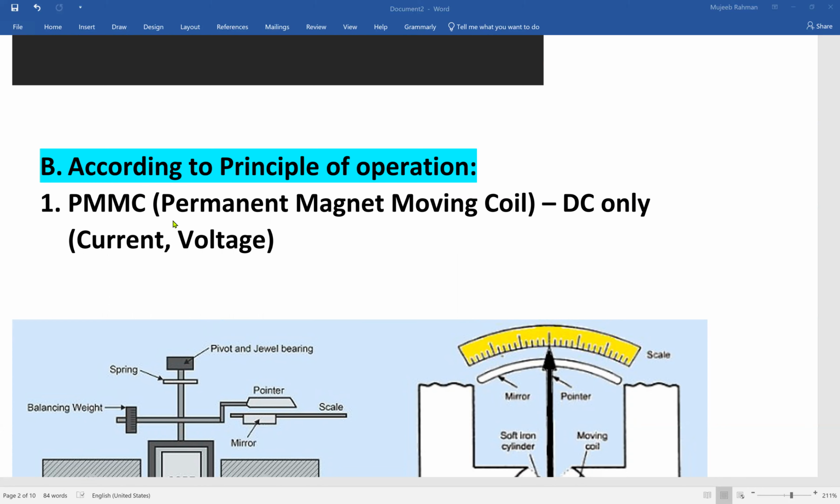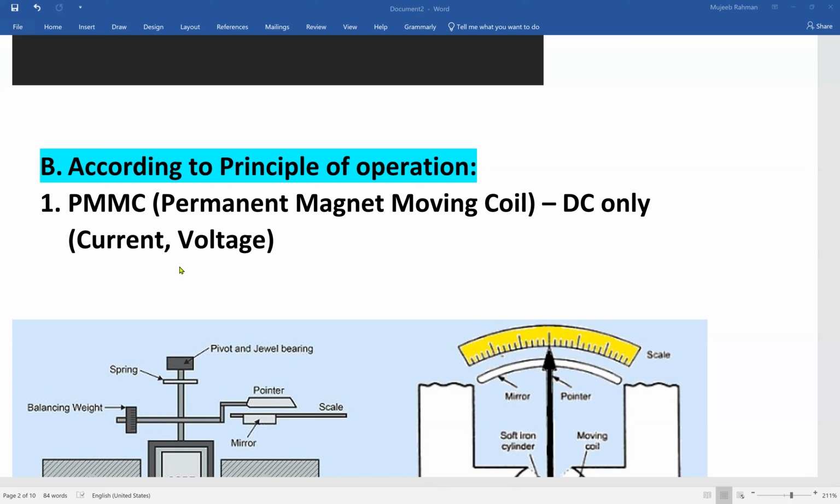From the name it is clear that this instrument uses an internal magnet to produce a magnetic field, and it also consists of a coil that is allowed to move, meaning it is pivoted. This type is called a moving coil instrument, or MC instrument in short.